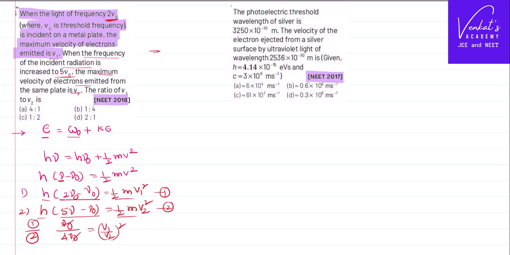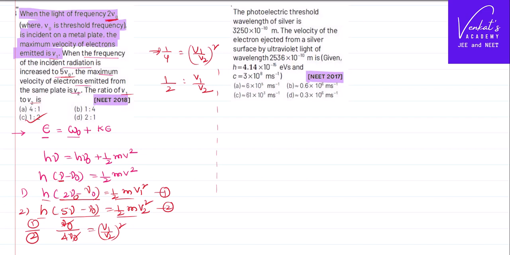So what remains is 1 by 4 equals v1 by v2 whole square. Let us take the square root on both sides. 1 by 2 equals v1 by v2. So the ratio of v1 to v2 is 1 to 2. If he is asking for the ratio of v2 to v1, then that becomes 2 to 1. Be careful. That's how we solve this simple problem.